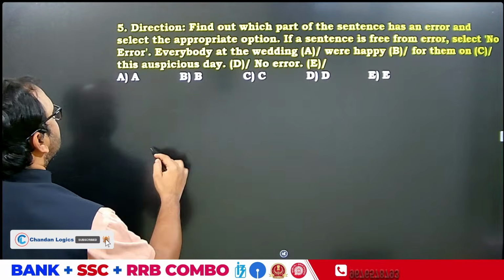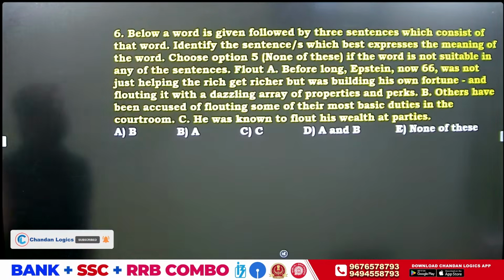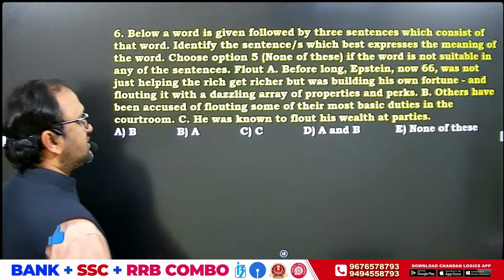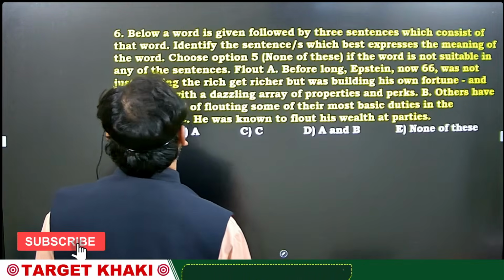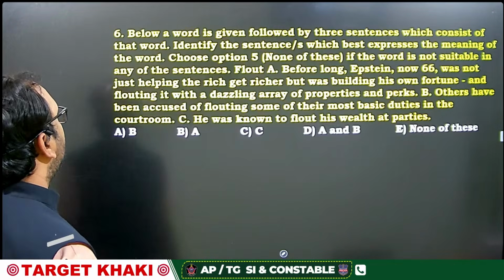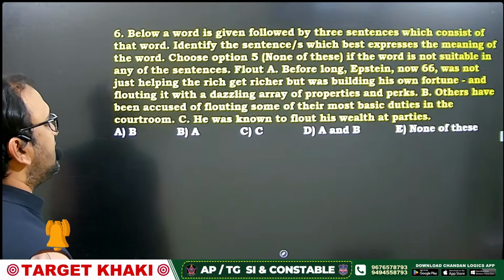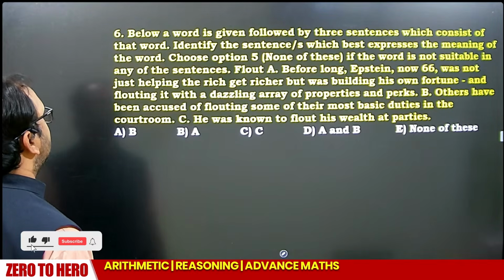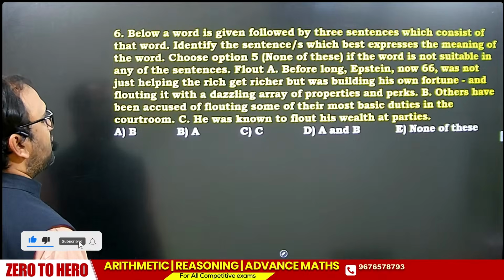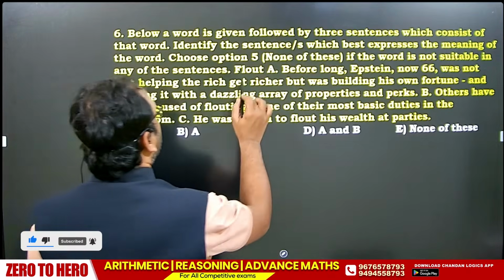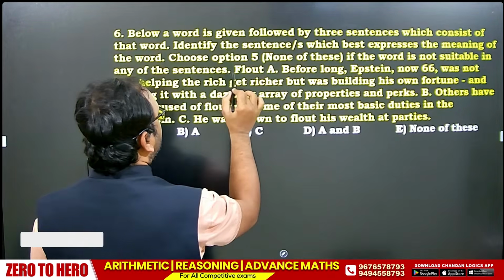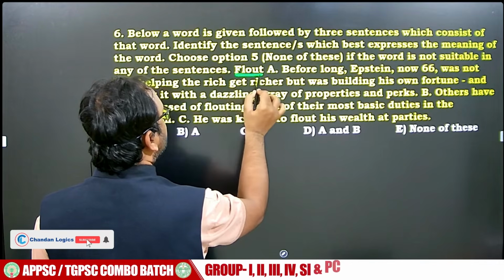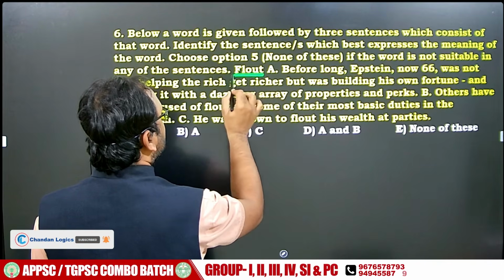So having successfully completed 5 spotting errors, now we have something interesting. Let us see what he is talking about. Below a word is given followed by 3 sentences which consist of that word. Identify the sentence which best expresses the word. Flout is a word.